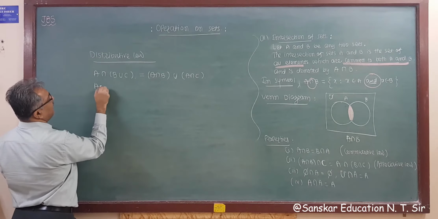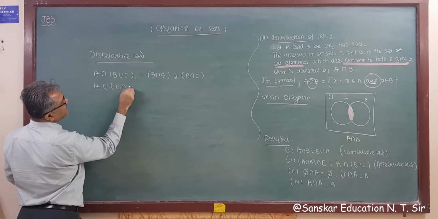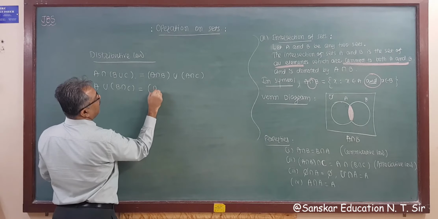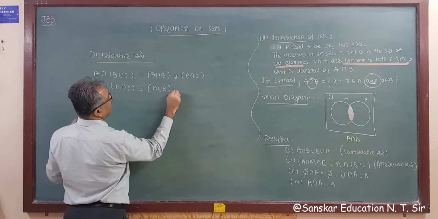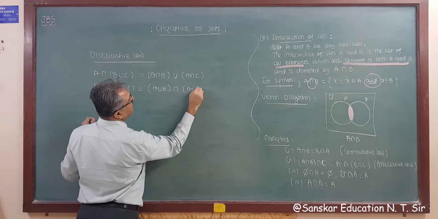And second, A union (B intersection C) is equal to (A union B) intersection (A union C).